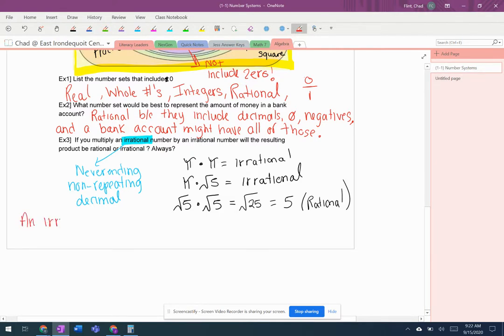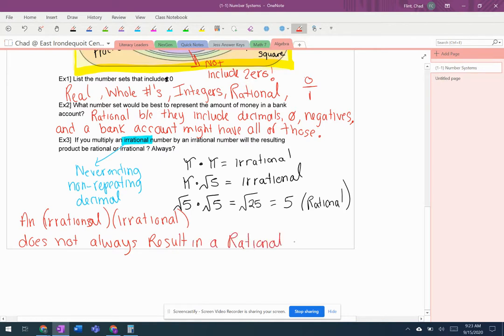An irrational times an irrational does not always result in a rational or irrational answer. It depends on the situation.